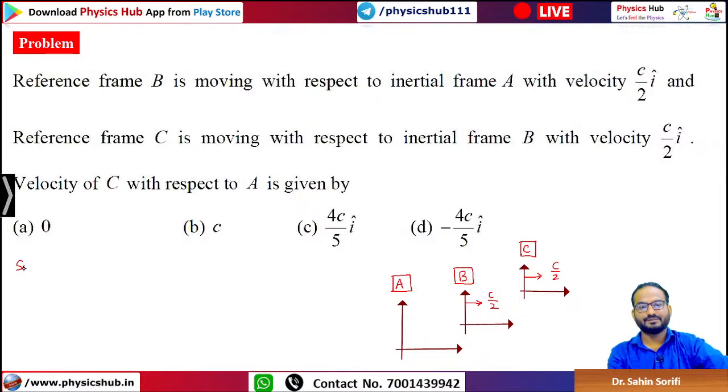I think you can do it. Velocity of C with respect to A, what does it mean? Do it, guys, quickly.